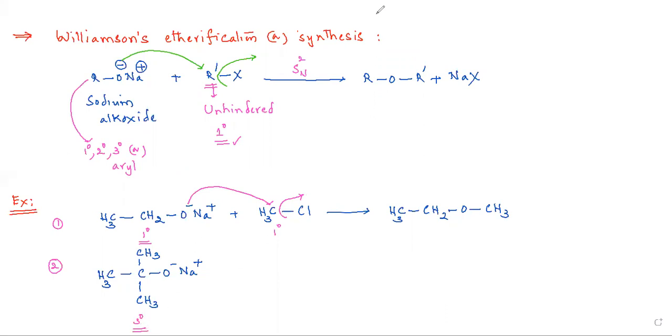A tertiary one, when treated with methyl chloride, a primary one. No problem. Here, the same SN2 reaction occurs. And you'll get methyl tertiary butyl ether.